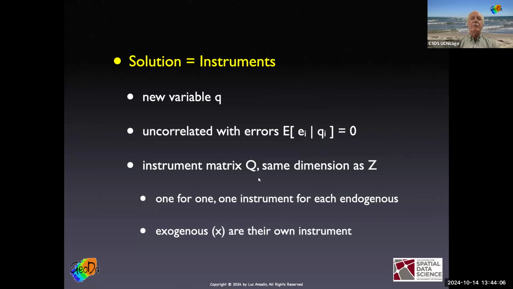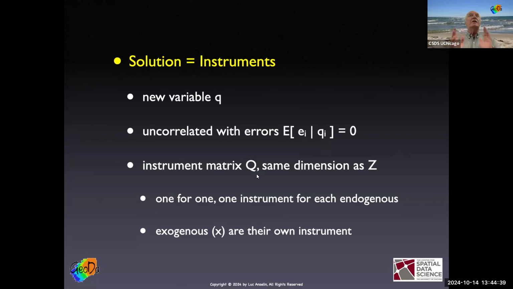So we call this matrix Q, just for, no, it's confusing. In the textbooks, you find Q, you find H, and sometimes H is used in two-stage least squares, or Q is used in two-stage least squares, and then one of these is the actual instrument. So it can get very confusing. As long as you remember that in pure, if you wish, instrumental variables, it's always 1 for 1.